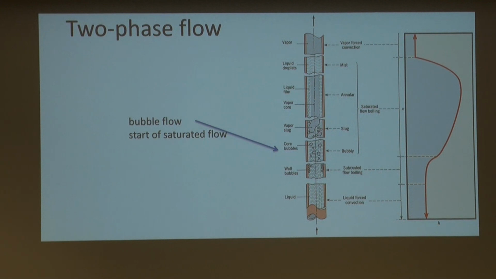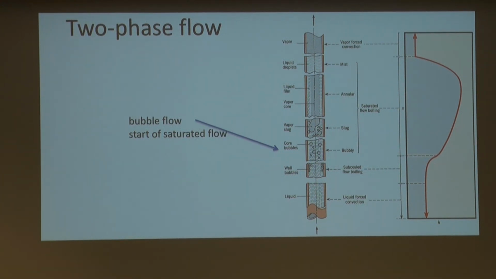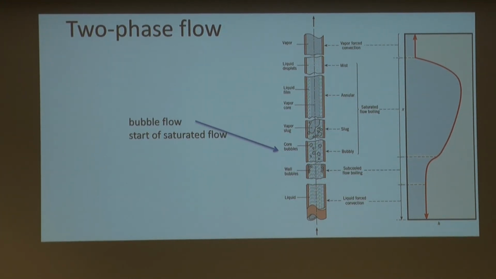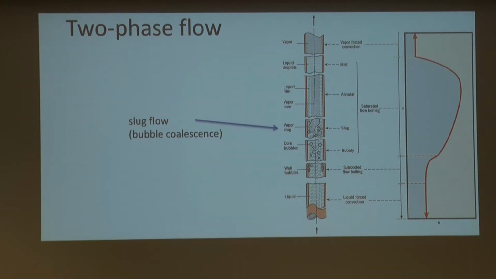By saturated, I mean the average temperature of the flow would be 100 or 100 and a little something. So we have these bubbles that now stay. In subcooled flow, the bubbles can collapse because the vapor that makes the bubbles can recondense. And as we move up, we have these bubbles in saturated flow.